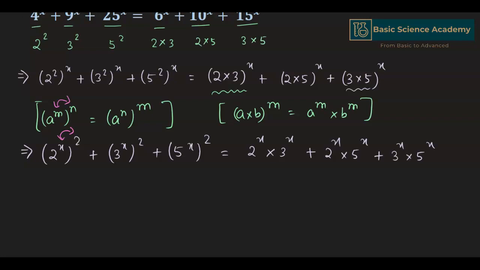Now, let's consider 2 to the power of x is equal to a, 3 to the power of x is equal to b, and 5 to the power of x is equal to c.